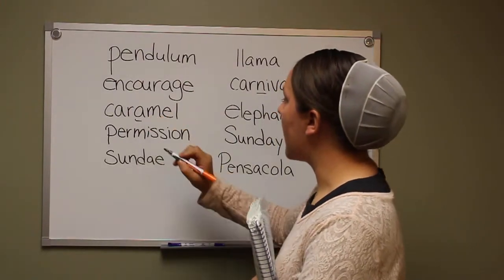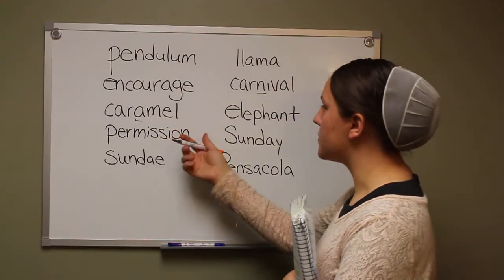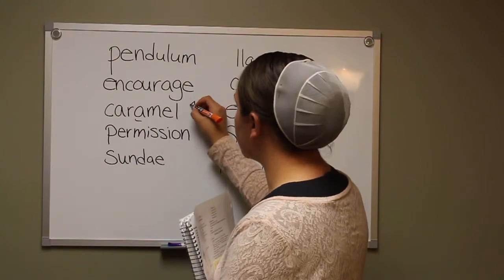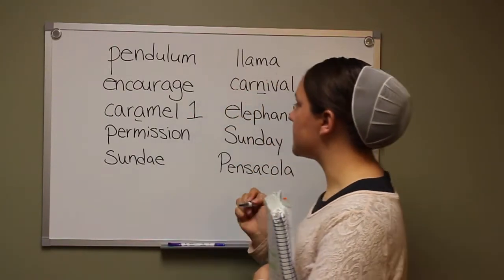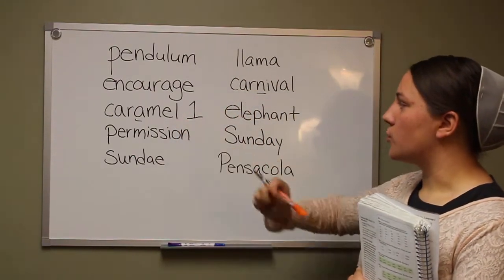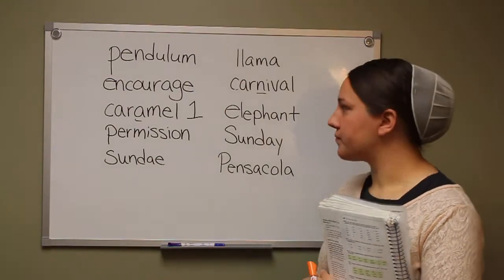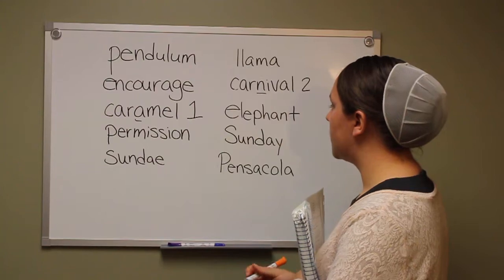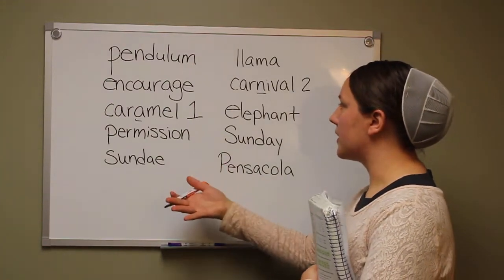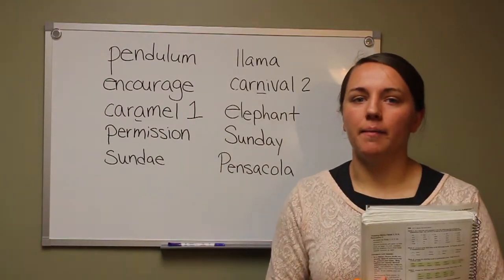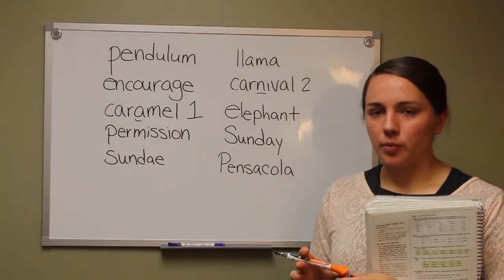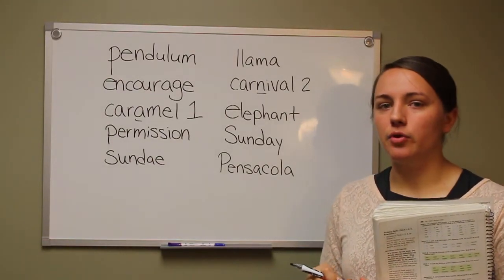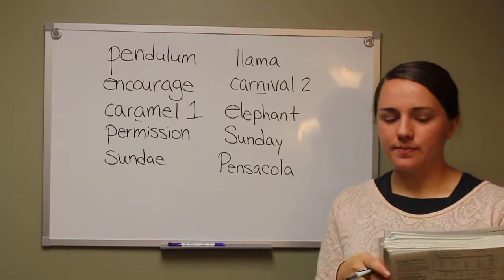Does N or A come first? And obviously A comes first. So just put a 1 beside caramel because that is the first word in alphabetical order. Then carnival is number 2, and keep numbering them in order on your paper. Just keep that paper with your language lesson, and we'll grade that as a quiz.